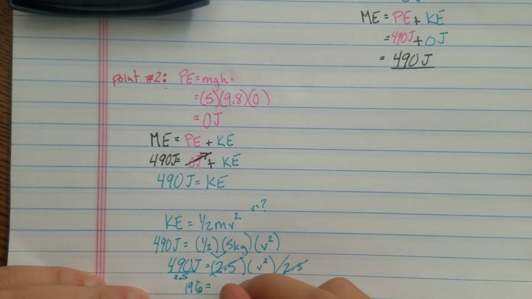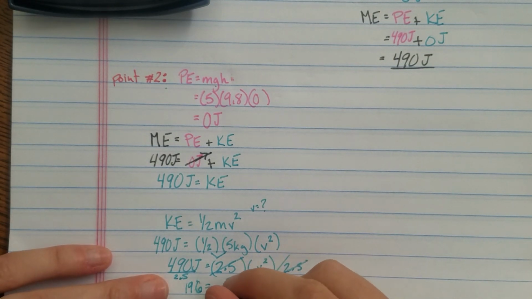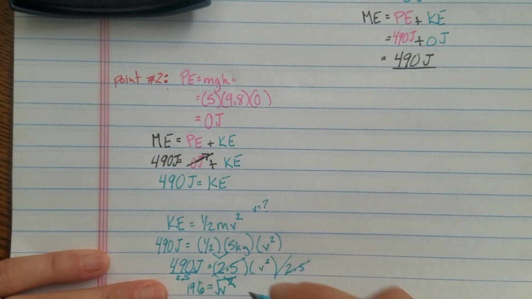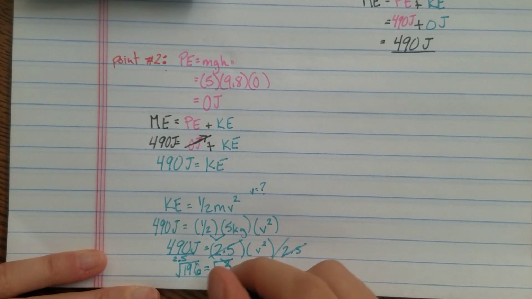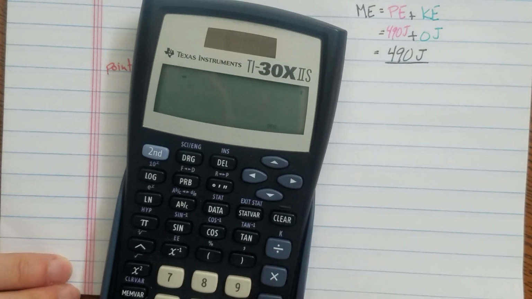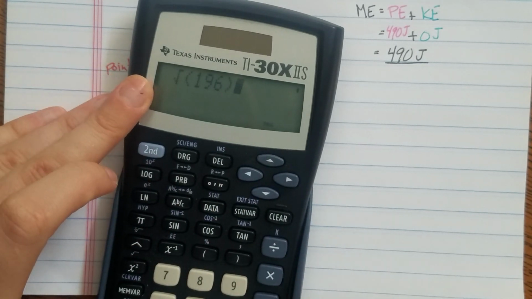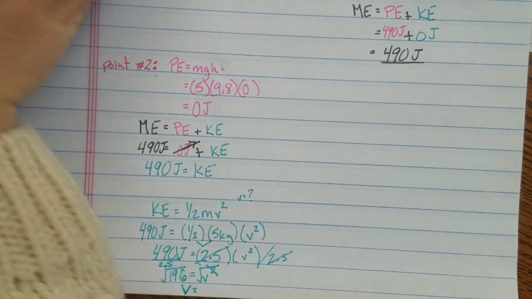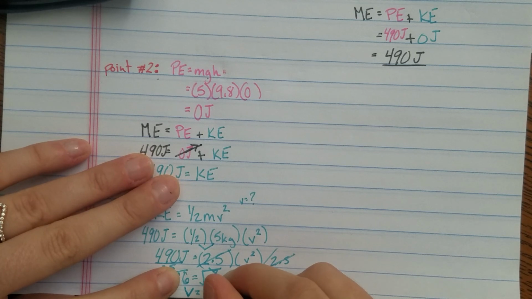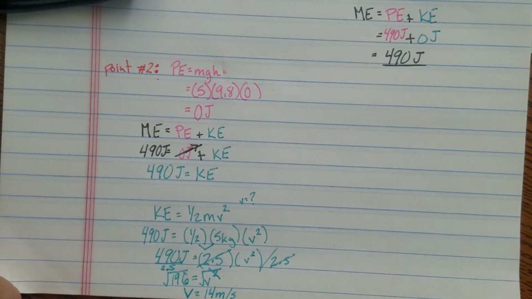And that is equal to V squared. So the last step is to undo the square. So to cancel that square out, I'm going to square root both sides. So V equals the square root of 196. Oh, that's nice. It's a nice whole number. 14, and our units are always meters per second for velocity.